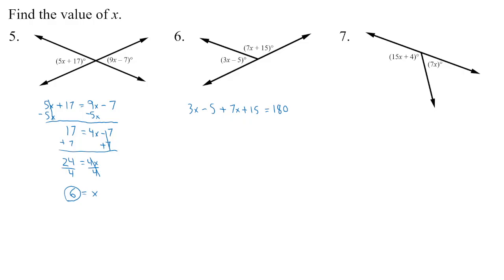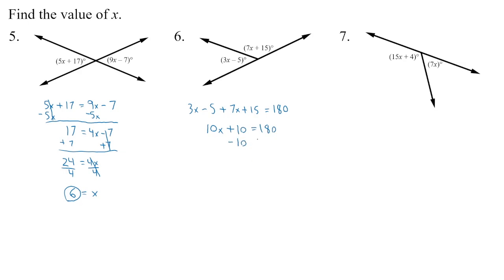So now we're going to solve the equation. We have 3x plus 7x. We're going to combine the like terms. 3x plus 7x is 10x. Negative 5 plus 15 is 10. Equals 180.